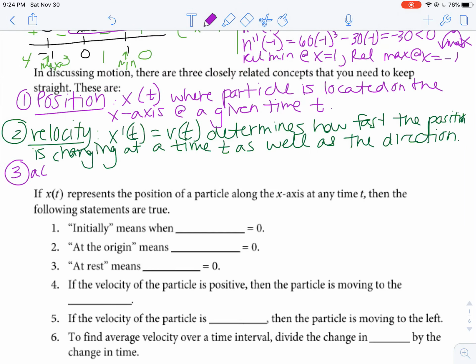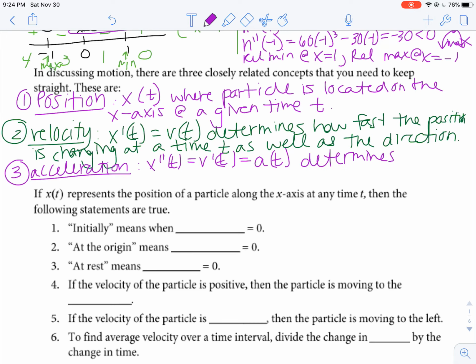And 3 is acceleration. So that's going to be your second derivative of position, first derivative of velocity, and they may refer to it as a of t. We want to be careful and refer to it however the problem refers to it.